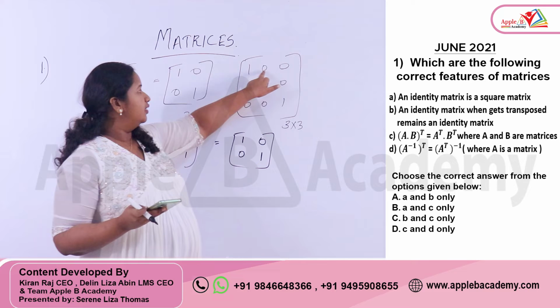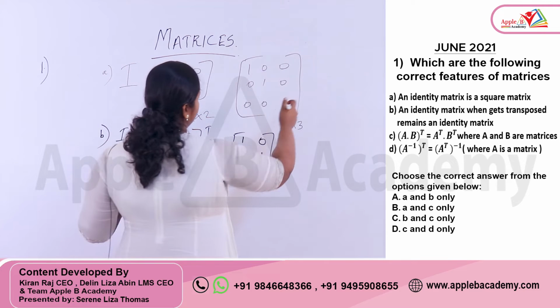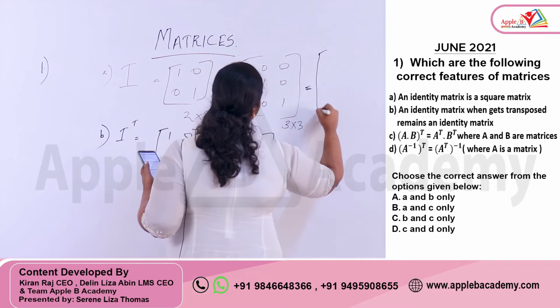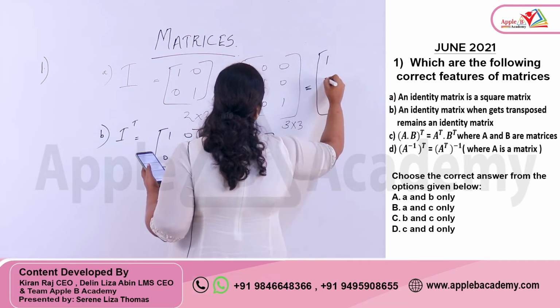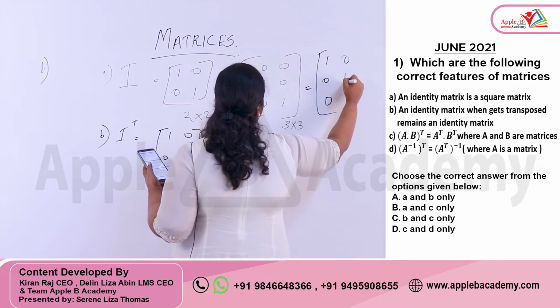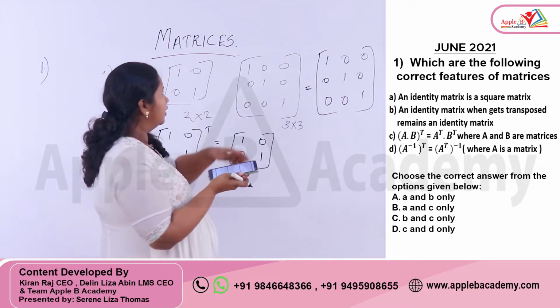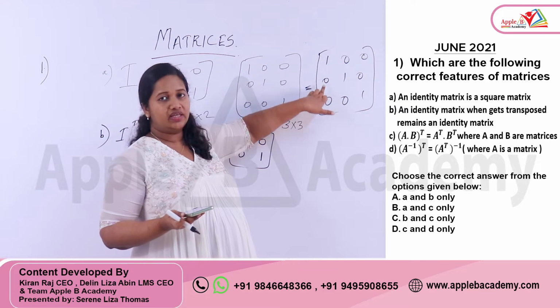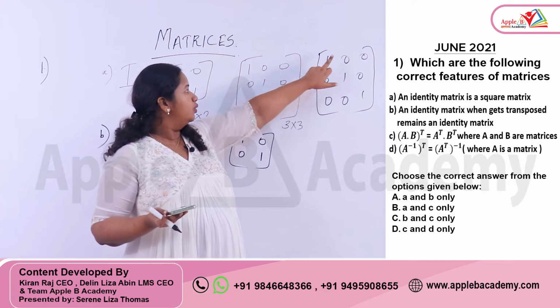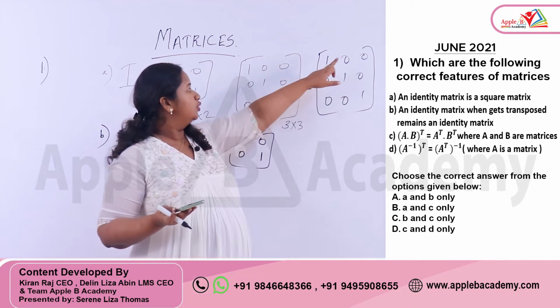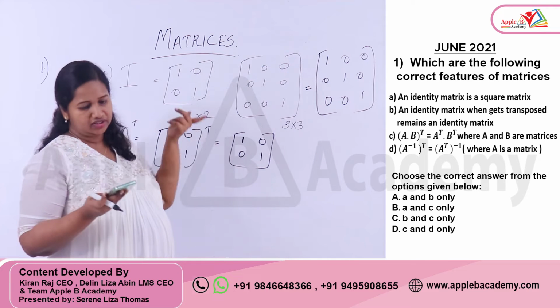We will look at this one also. Let's take the transpose of this one. So that is 1 0 0, 0 1 0, 0 0 1. First row has been changed to first column, second row to second column, third row to third column. So again it's an identity matrix.